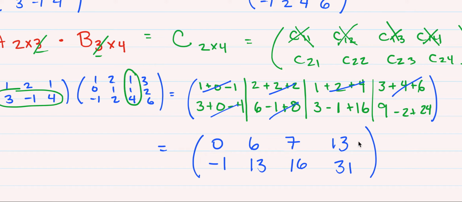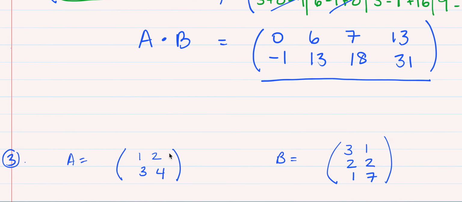When I figured out this entry here, I took 3, yeah, that's a negative 1, and that's a 16. So this should be 18. Okay, and so we've figured out matrix C, which is A times B. Great.